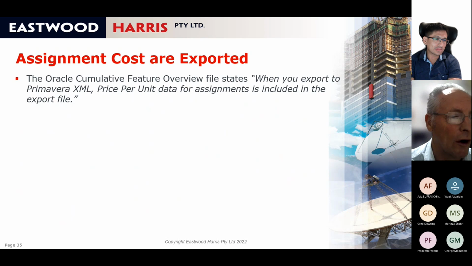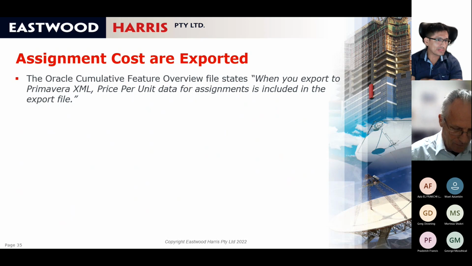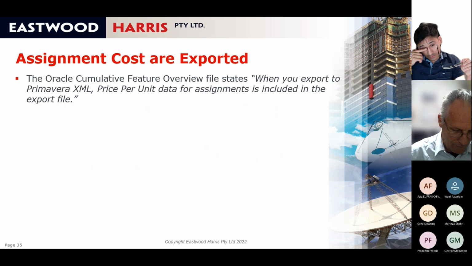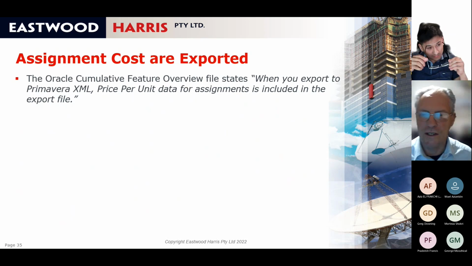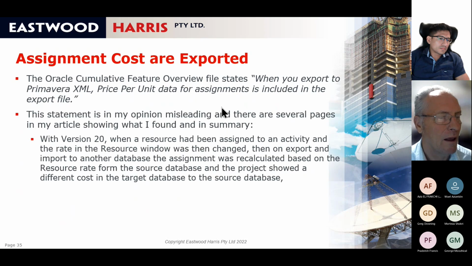The cost might be wrong, and I want to explain why. I'm just firing up my P6 here. They say when you export to an XML file, the price per unit data for assignments is included in the export file. That doesn't make sense to me, and this, in my opinion, is misleading.